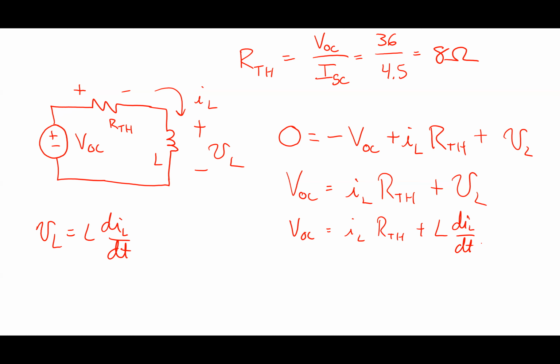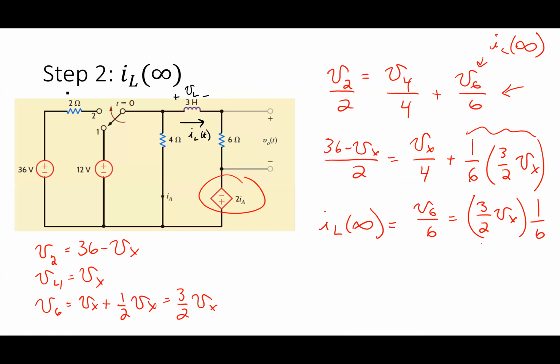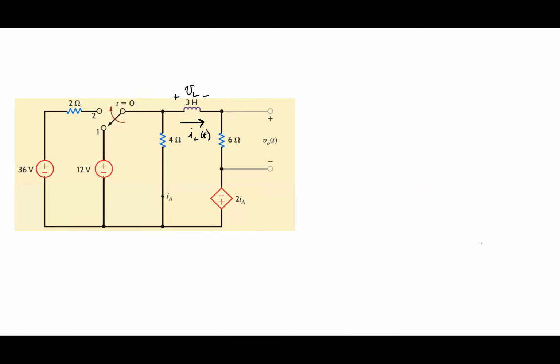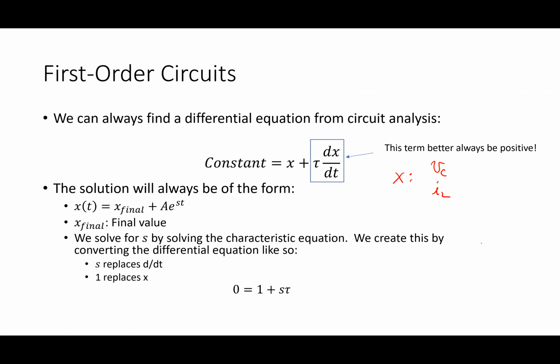Now that's not the standard form, it's close to it. The standard form that I gave you, and the book follows, is a constant equal to x plus tau dx by dt. So what I want is a constant equal to IL plus tau times dIL by dt.